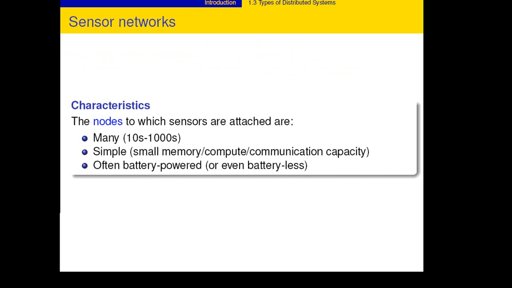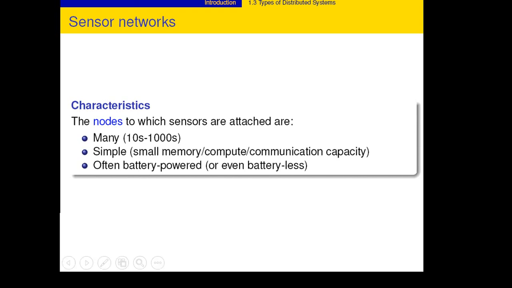Another example of a distributed system is sensor networks. In advanced networks, you can learn the concept of sensor networks, wireless sensor networks. These networks include nodes to which sensors are attached.